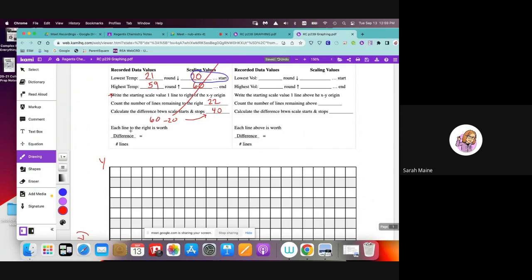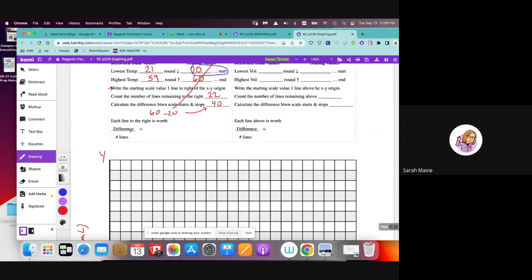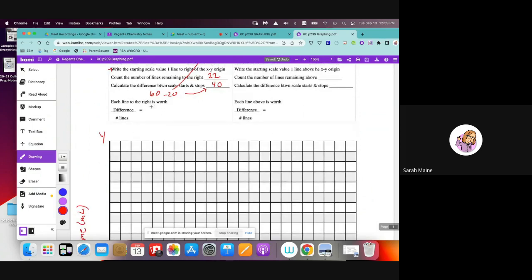To determine how much each line is worth, I'm going to take the difference of 40 and divide it by the number of lines I have to spread it through. When I put this in my calculator, it comes out to 1.818181 repeating.